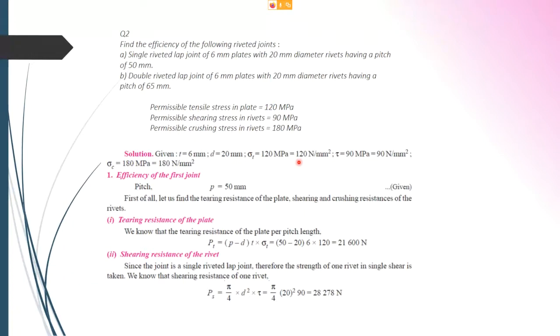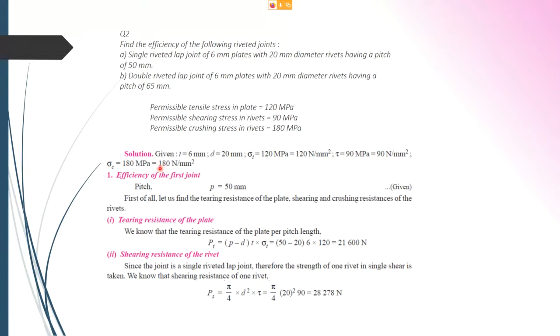This is in megapascal, which is Newton per millimeter square. Megapascal can also be mega Newton per meter square. So the shear stress in the rivets is 90 megapascal or 90 Newton per millimeter square. The crushing stress is 180 megapascal or 180 Newton per millimeter square.